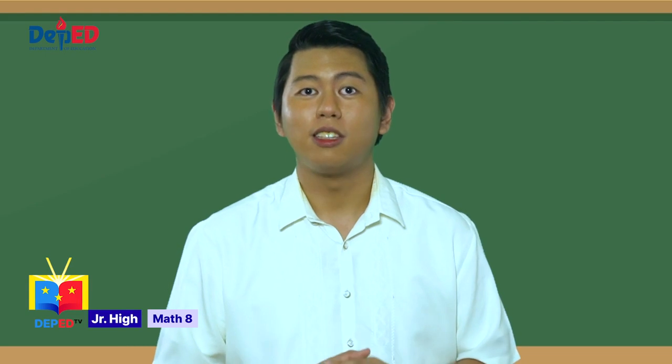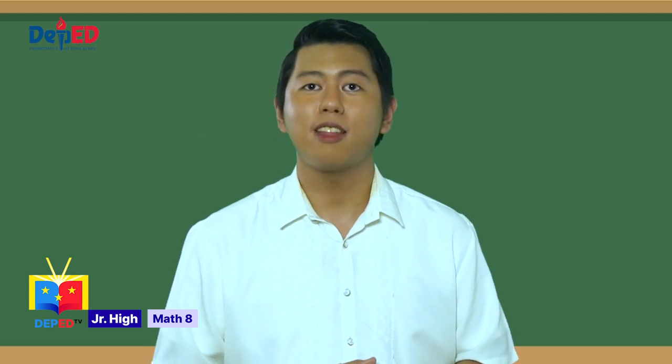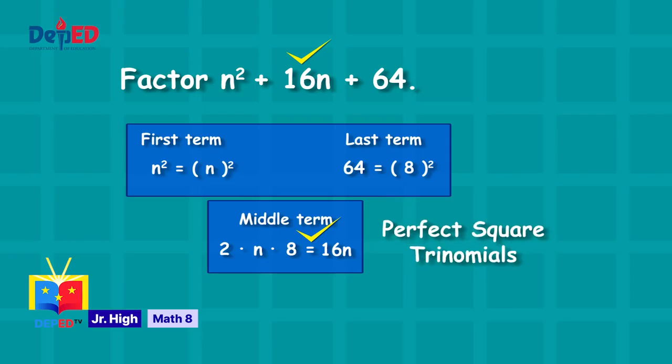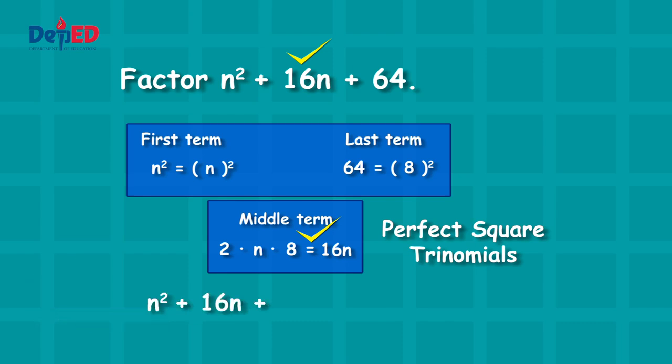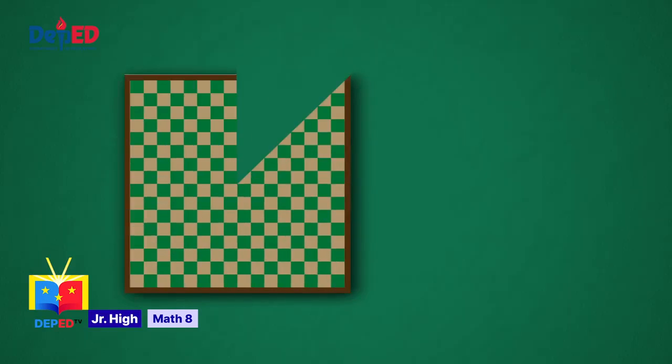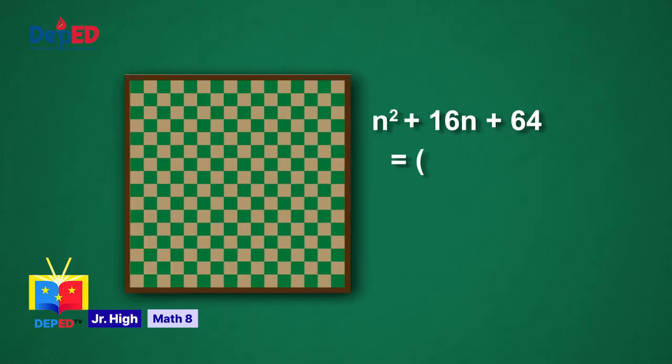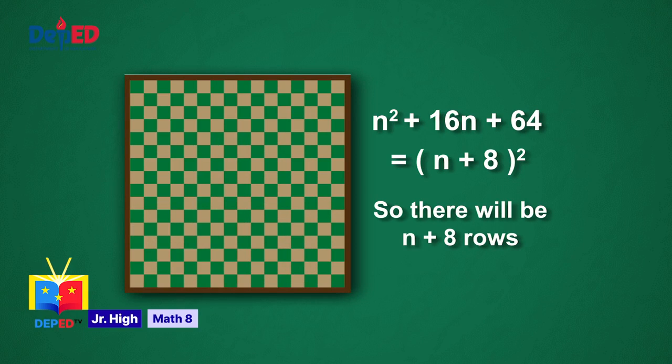We have shown that n squared plus 16n plus 64 is a perfect square trinomial. Now, we simply write the polynomial as the square of the binomial n plus 8. We used a plus sign since the middle term is positive. Therefore, the new chessboard should have n plus 8 rows and columns.